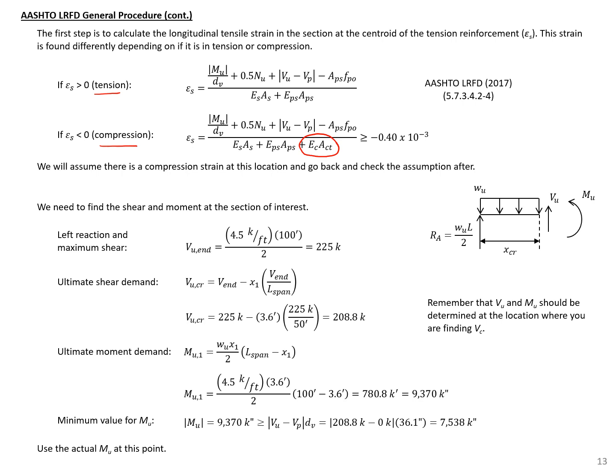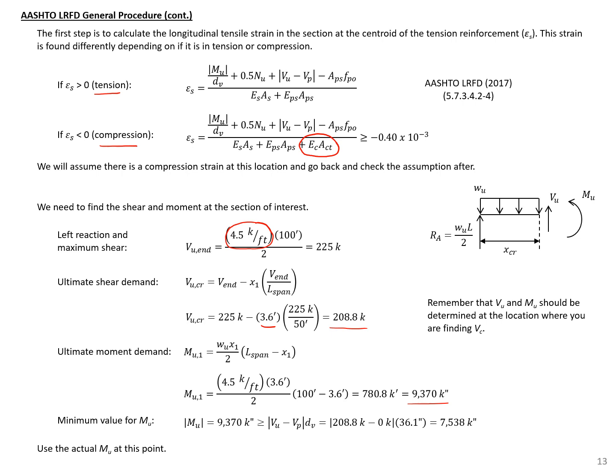So here you can see I'm finding our shear and moment demand at our critical section. Compared to ACI, we have a larger distributed load because of our different factors, and also our critical section is a little further out. So this changes our shear and moment slightly. So we have our ultimate shear at the critical section, and we also have our ultimate moment at the critical section shown here.